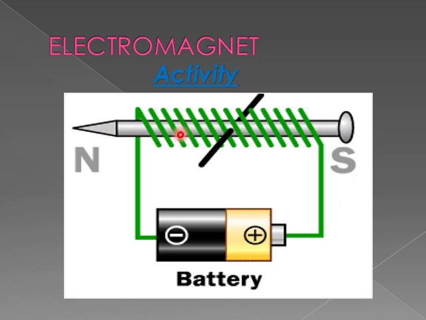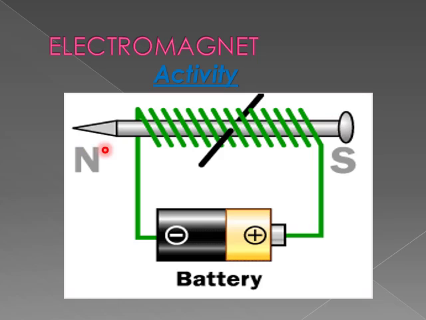So my dear students, what is an electromagnet? An electromagnet is made by a coil of wire wound around an iron rod or iron nail, as you can see in this picture. When an electric current is passed through the coil, the iron nail becomes a magnet.